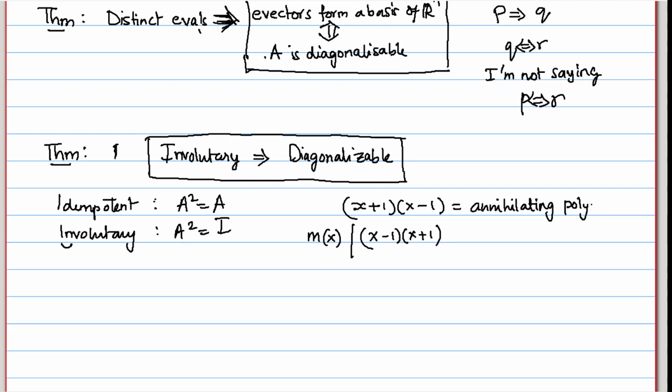See, minus 1 and 1, these are the eigenvalues, right? So this eigenvalue has to be in the minimal polynomial. What are the possibilities for the minimal polynomial m(x)? This is the only possibility for it.